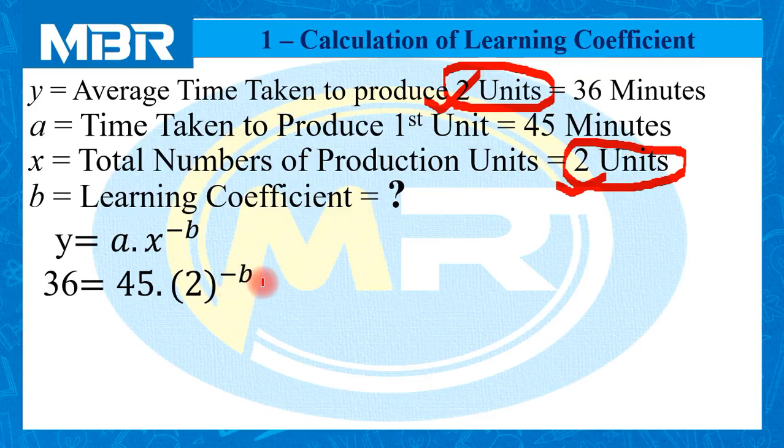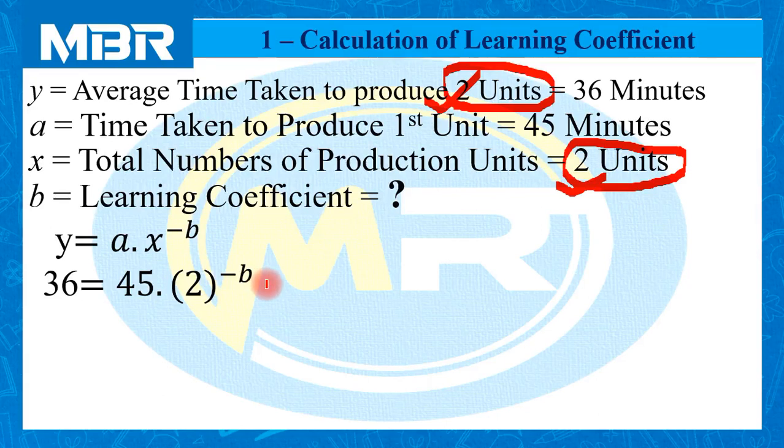If it is unknown in any question, it is necessary for us to calculate the learning coefficient as the first priority, because without calculating it, it is not possible to answer any other questions. So always be clear in your idea. If the learning coefficient is given in the question, it is okay. If it is not given, our first priority is to calculate it.